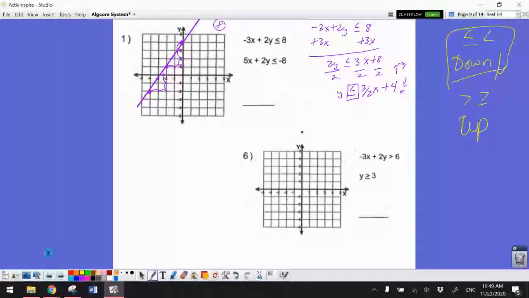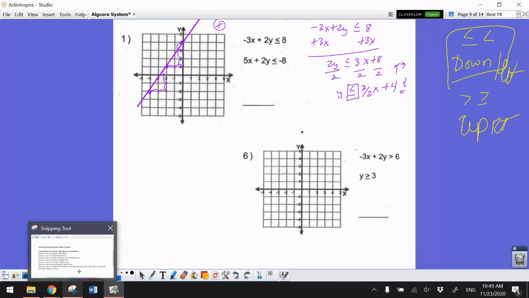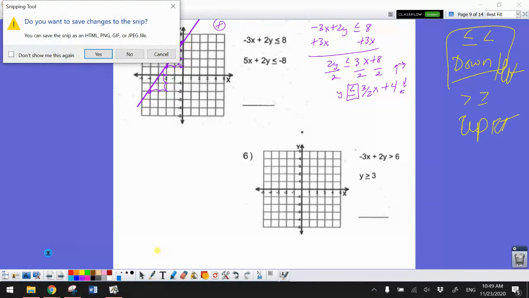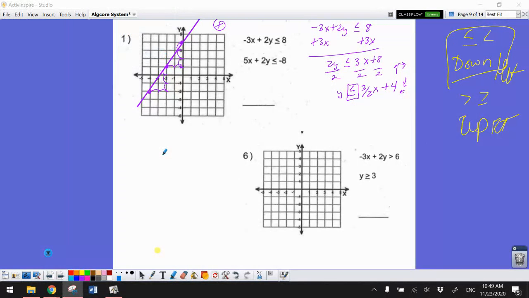Okay, down and to the left or up and to the right. So if I take a look at my first problem here, I've got my less than or equal to. So less than means I'm going to be shading down. So my first shade is coming this direction. I'm shading down.